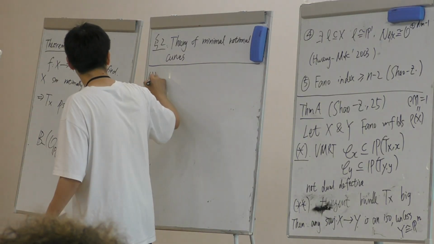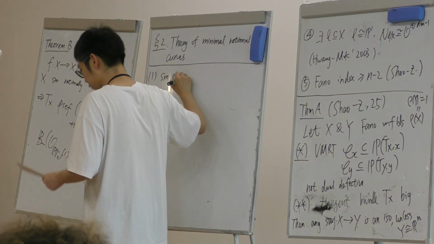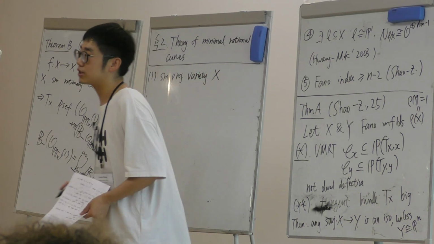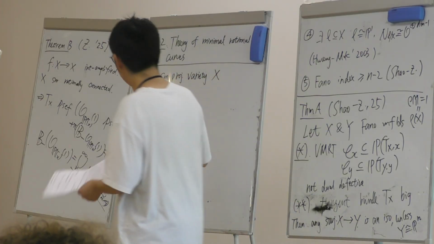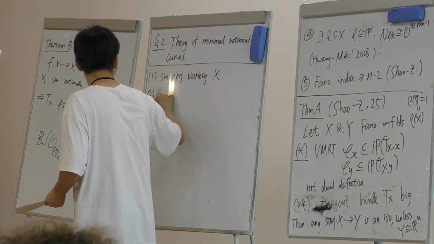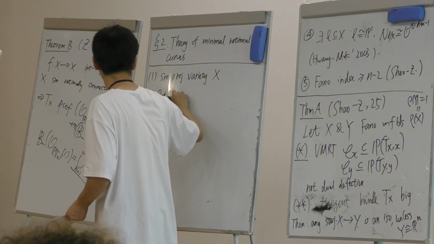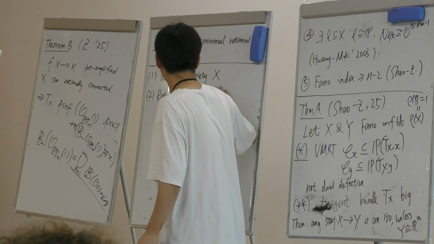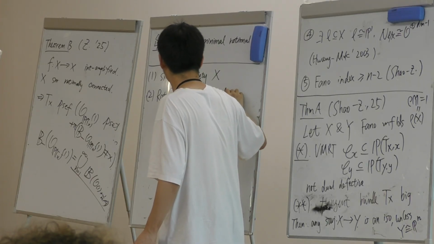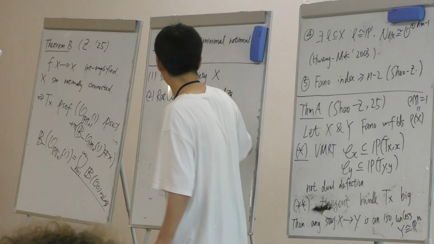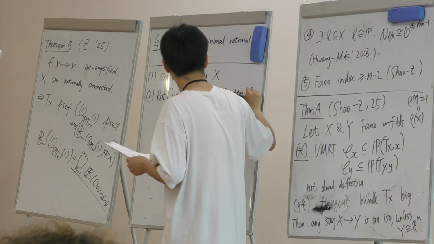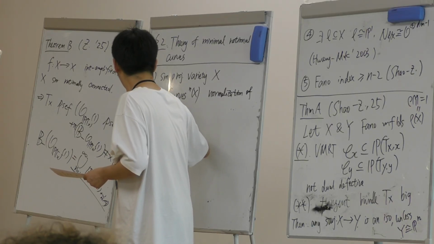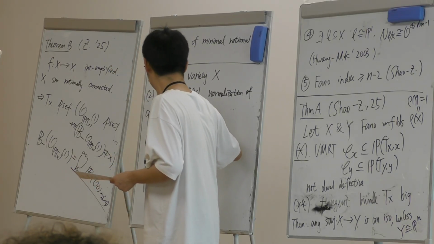So we start from a smooth projective variety. I use X to represent this smooth projective variety. I use this notation to denote the normalization, this N represents the normalization, of the open subset of the Chow variety.